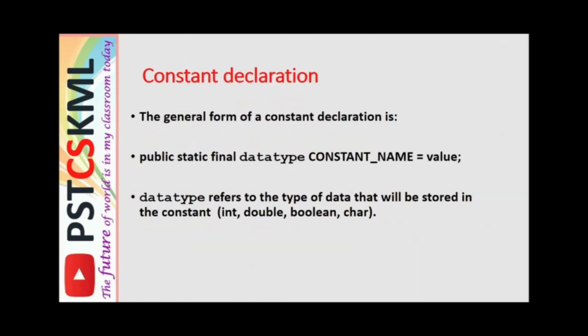Okay, constant declaration. How to declare a constant? This is the general form of a constant declaration: public static final data type CONSTANT_NAME equal to value, semicolon. Data type refers to the type of data that will be stored in the constant, like int, double, boolean, and char.